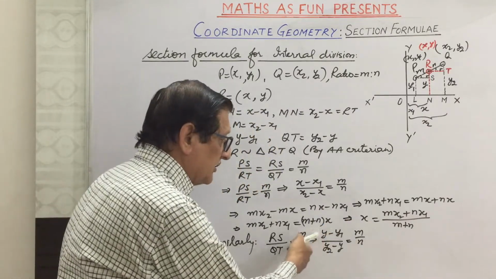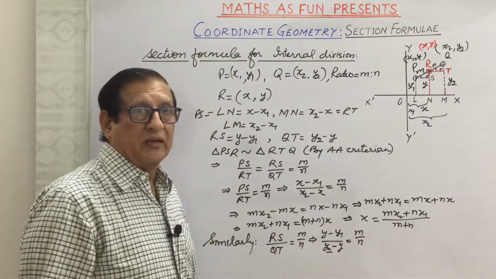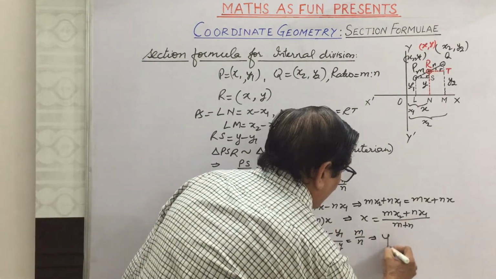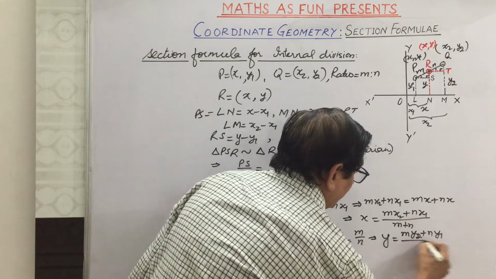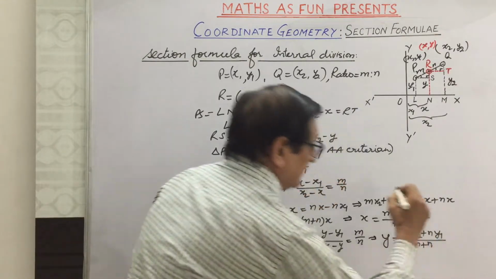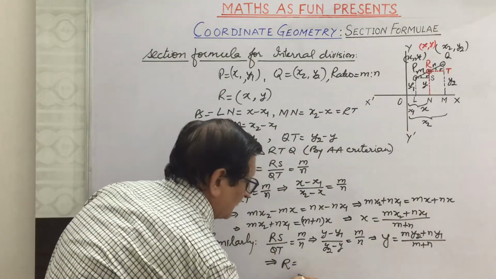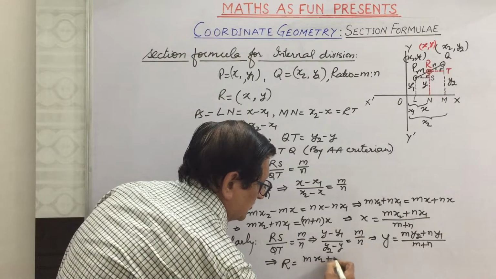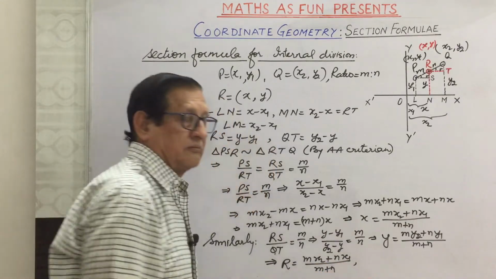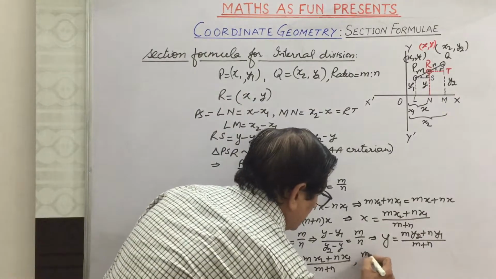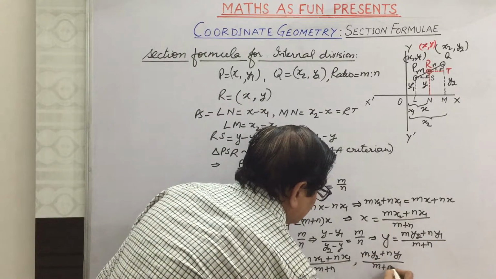And if we cross multiply them and simplify the same way, we will be getting y is equal to my2 plus ny1 upon m plus n. It means we are getting the coordinates of R as mx2 plus nx1 upon m plus n, my2 plus ny1 upon m plus n.